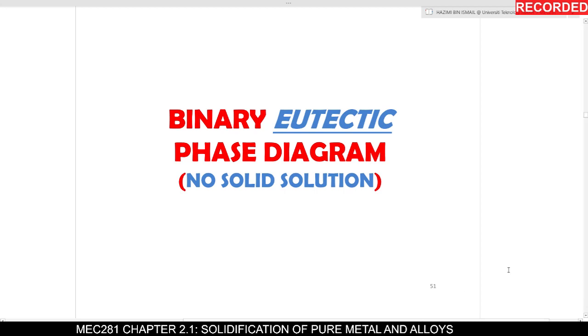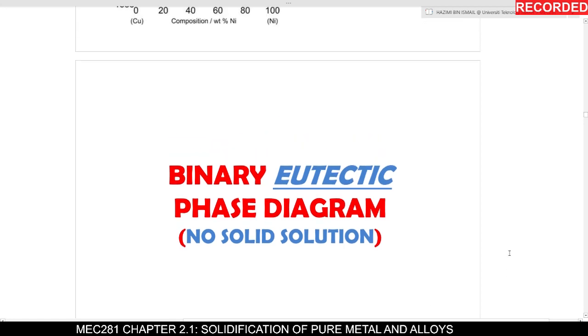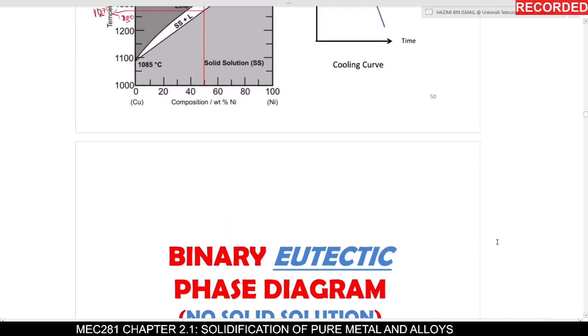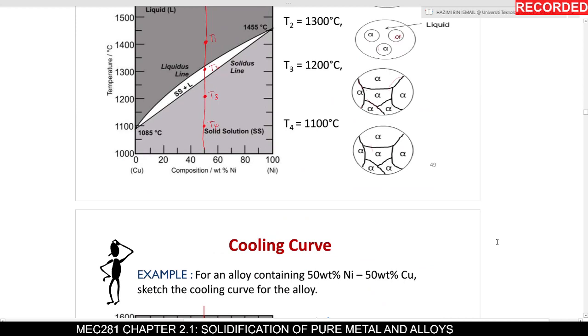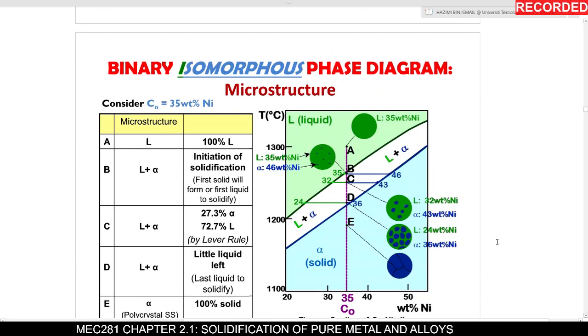Okay, so this is the video of subchapter 2, phase diagram, part 2, because we have already learned about isomorphous phase diagram in the part 1 video, the latest video before this.